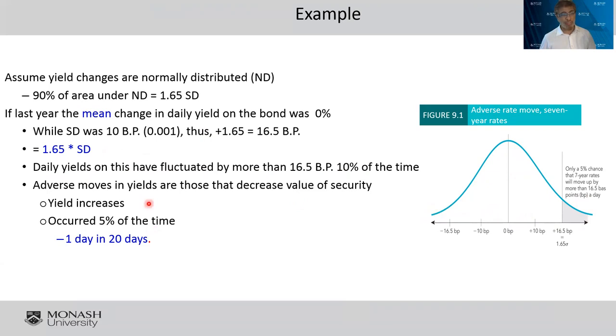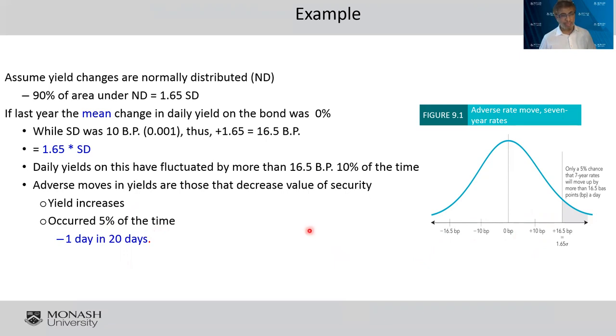The adverse moves in the yield are those that decrease the value of the security. So we are not interested in this area; we are interested in this area, which is the adverse move. If there is an increase in the yield, the price of the security will drop, and this is very normal. So our concern is the yield increase, and it occurred 5% of the time. Why 5% of the time?